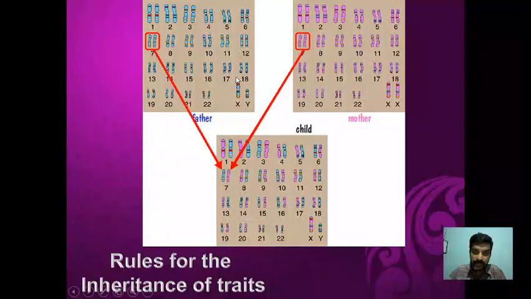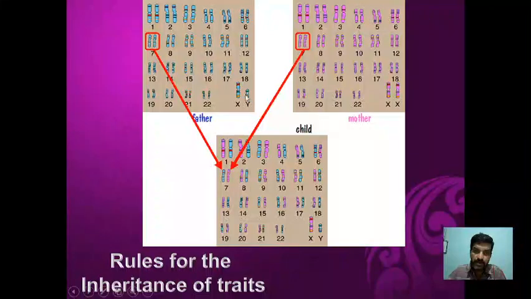In case of male, the pair is not identical, there is a very short Y chromosome compared to the X chromosome. The female also has 22 pairs, and the last pair is an identical pair, where both are X chromosomes. The last pair, the 23rd pair, is going to determine the sex of the baby, that we are going to discuss a bit later.